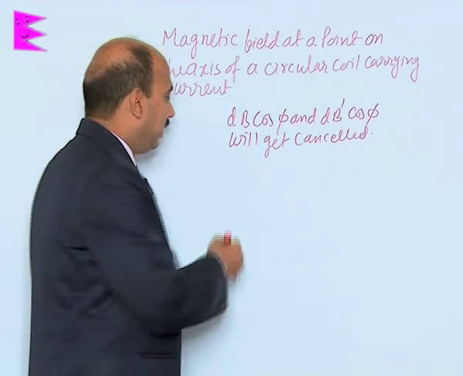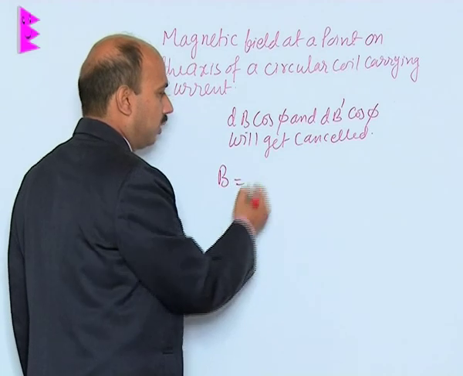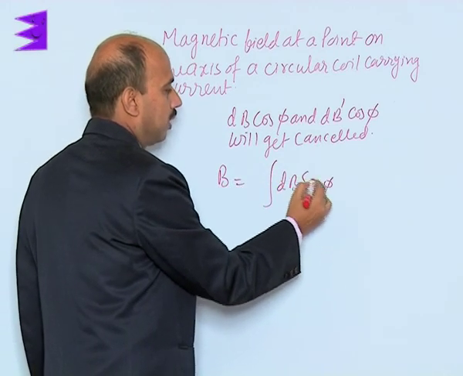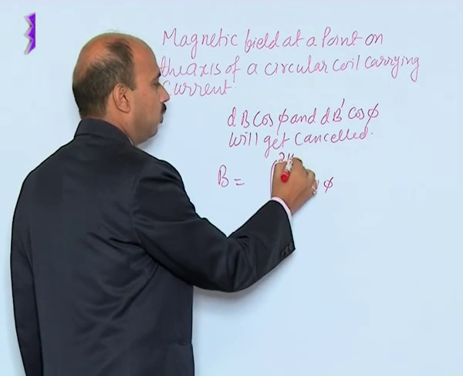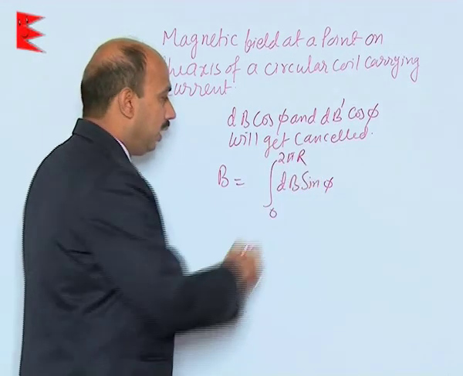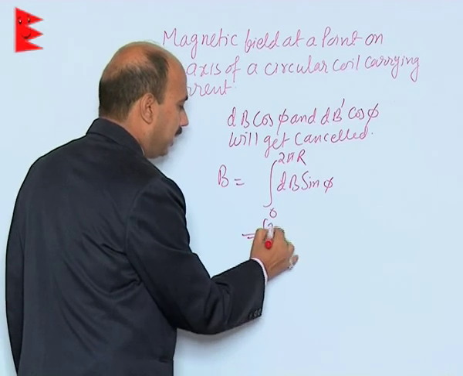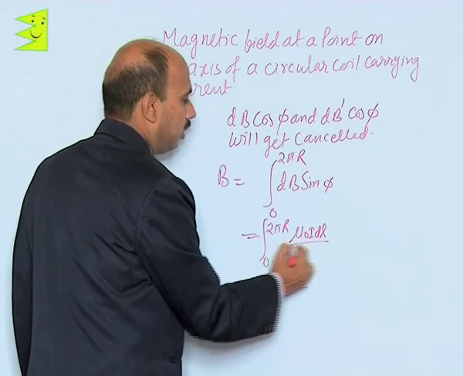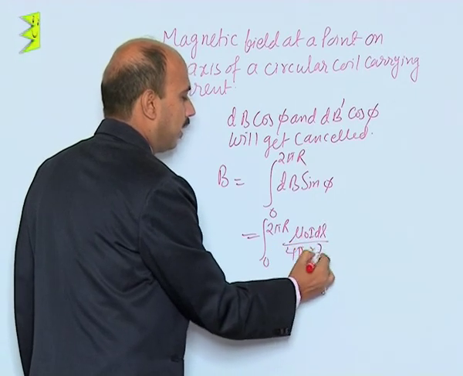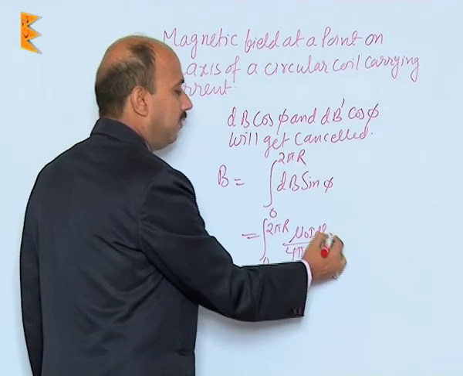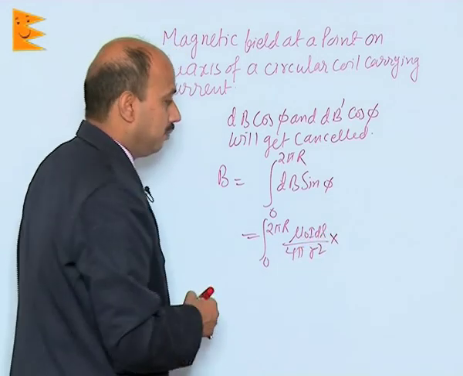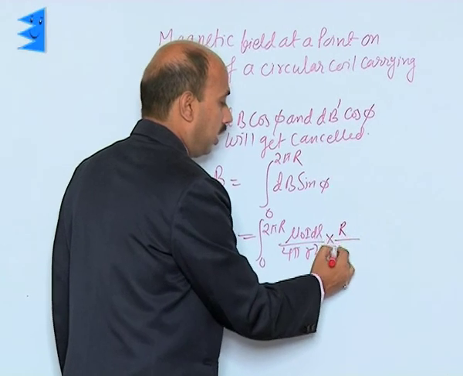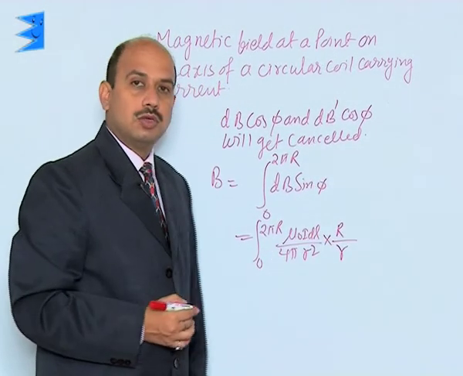Now the net magnetic field at the point P is equal to the integration of dB sin phi from 0 to 2 pi r. We can put the value of dB, so we get mu naught I dl upon 4 pi r square, and sin phi from the triangle can be written as r upon r, you can look at the diagram.